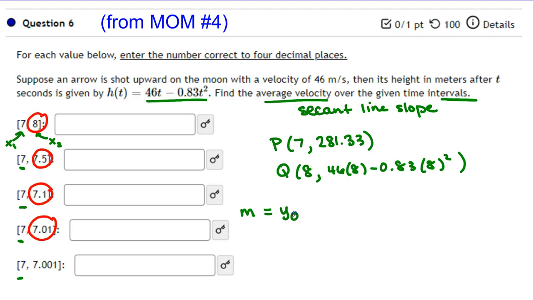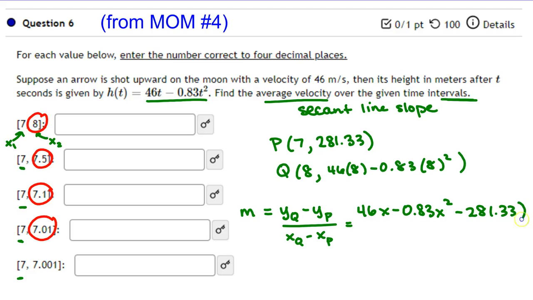The y-coordinate of point Q minus the y-coordinate of point P over the x-coordinate of point Q minus the x-coordinate of point P. And the y-coordinate of point Q is just going to be 46x minus 0.83x squared, and the y-coordinate of point P is 281.33. And then for the denominator, the x-coordinate of point Q is just going to be x, and the x-coordinate of point P is just going to be 7. So that gives us our formula, and we're going to put that in the calculator.